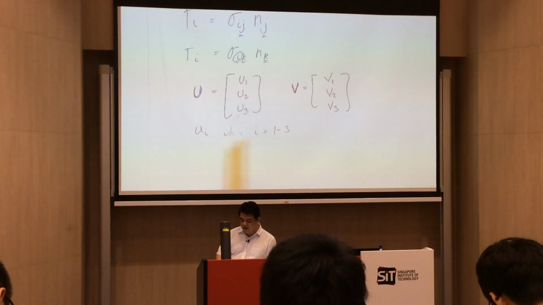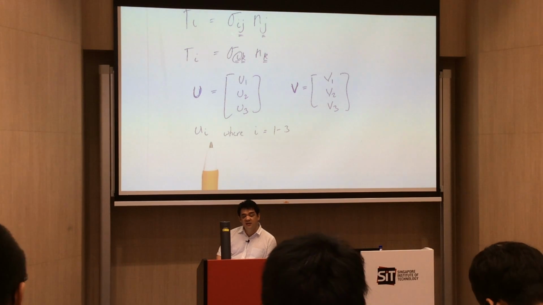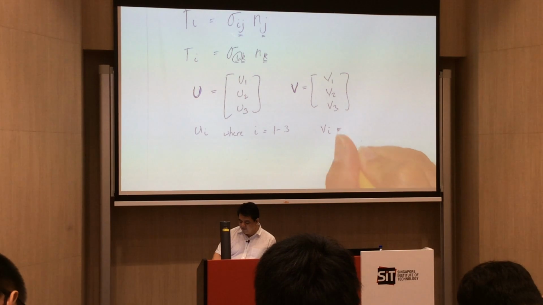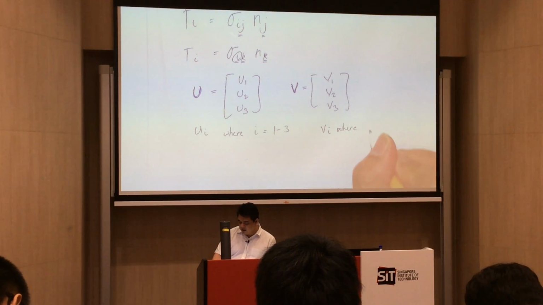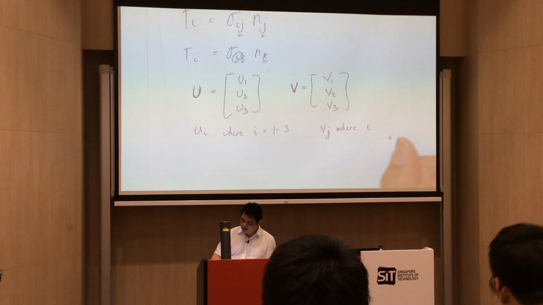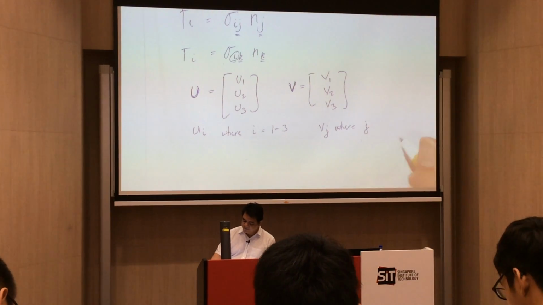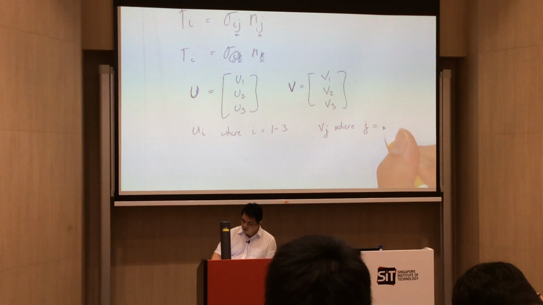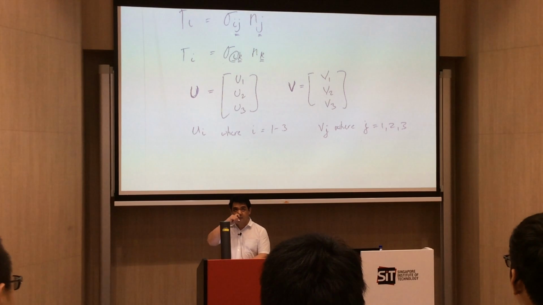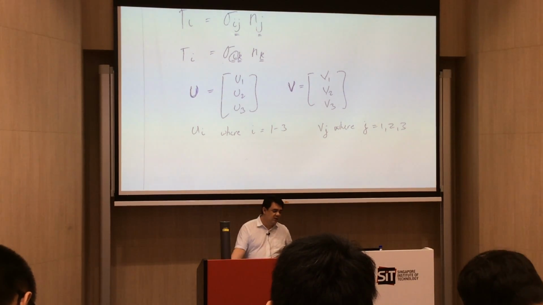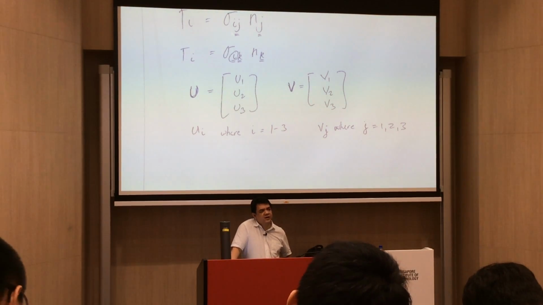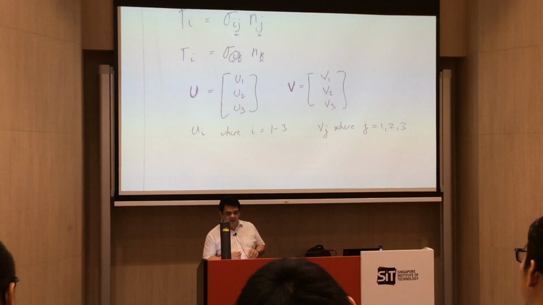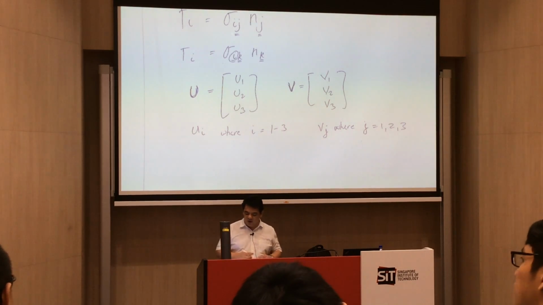So I can have U1, U2, U3. And the same is true with this one, Vj, where j is equal to 1, 2, and 3. Now the good thing about the dot product is that it is basically going to have a reduction.